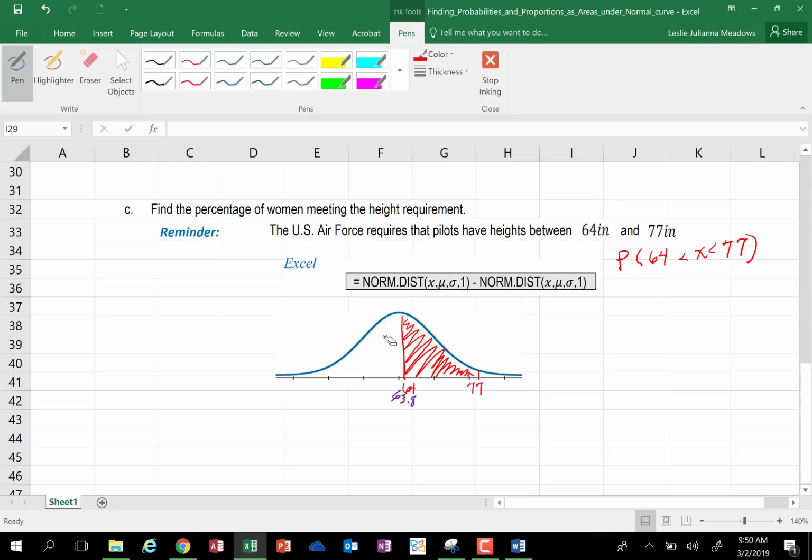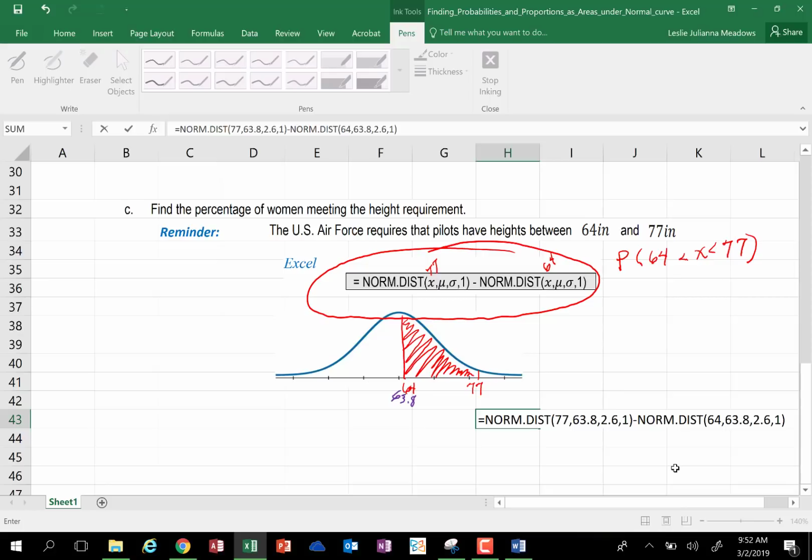So you can see the Excel command that we have up above indicates that we should use just that formula. In other words, we're going to do norm.dist, putting in the 77 first, and then we'll do minus norm.dist, and this time we'll put in the 64. The mean and the standard deviation are the same in both instances. Let's actually input this in Excel and see it happen.